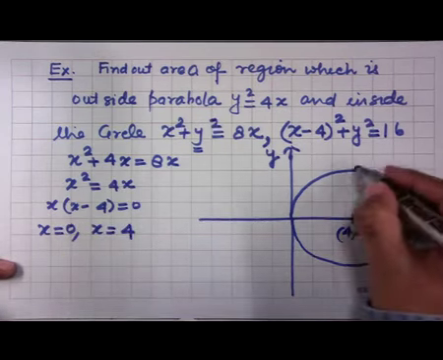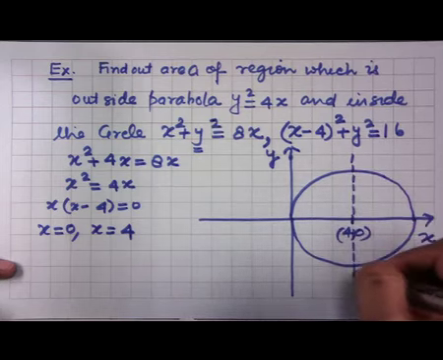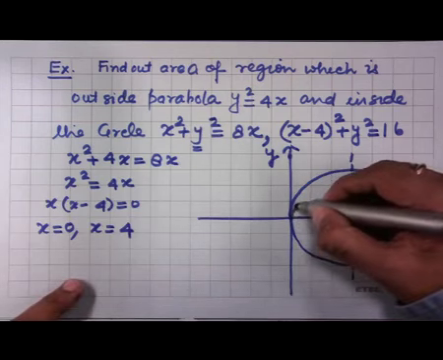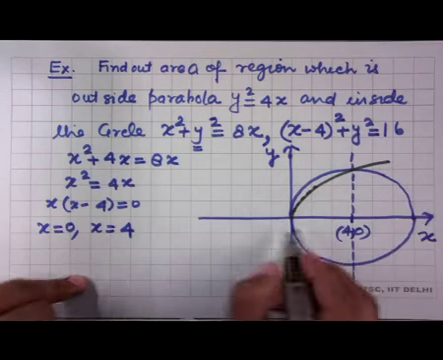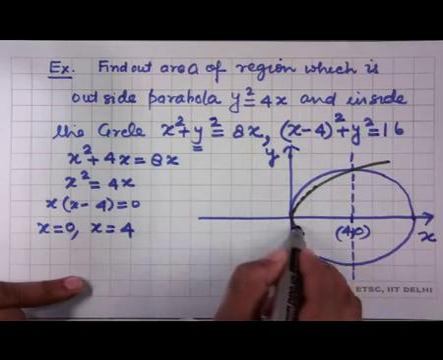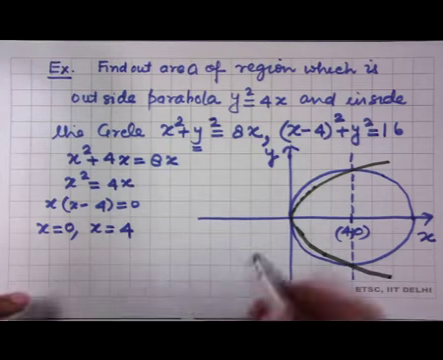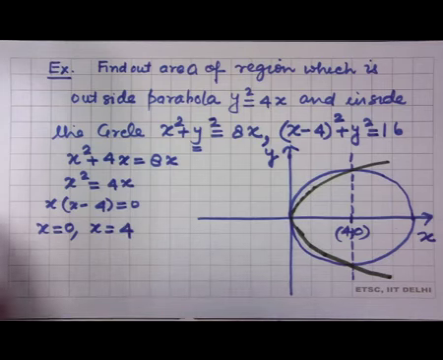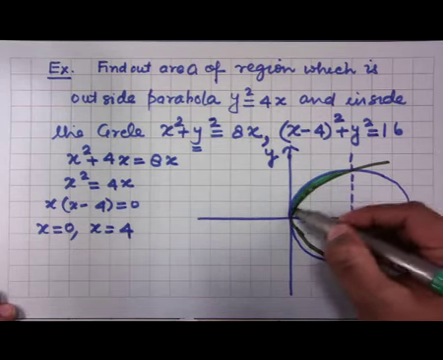So, the parabola intersects the circle at x equals 0 and x equals 4. So, the parabola will be drawn like this. You are supposed to find the area of the region which is outside the parabola and inside the circle. So, your required area is this.